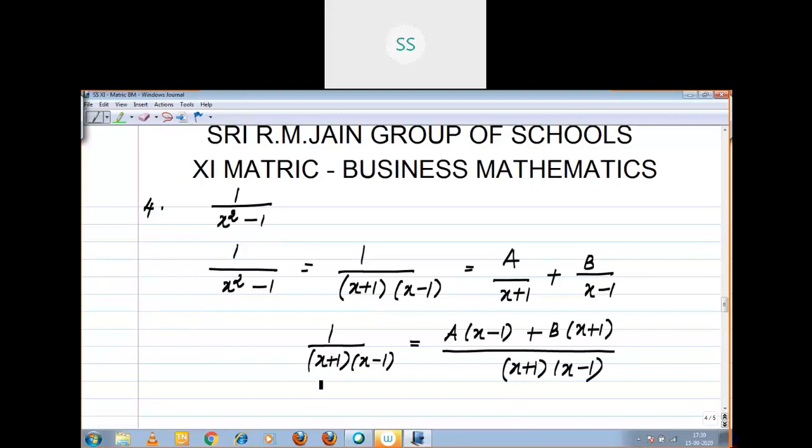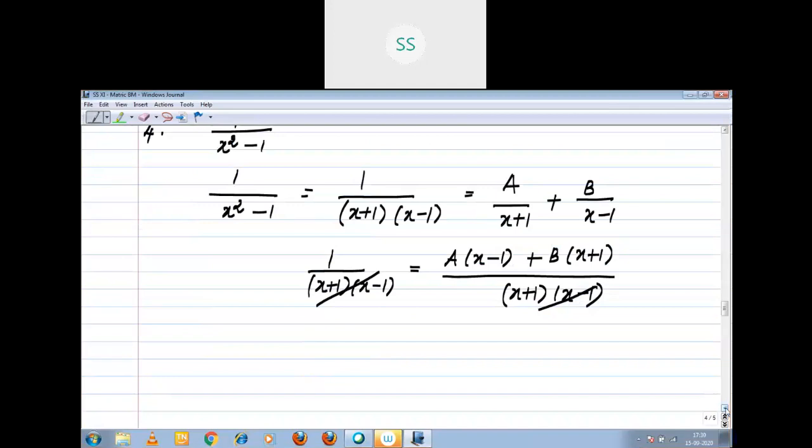See here, what exists in the left-hand side denominator, the same way I arrived at the right-hand side. If I arrive at it, I can cancel easily, for that purpose. Now, 1 equals A into (x − 1) plus B into (x + 1).